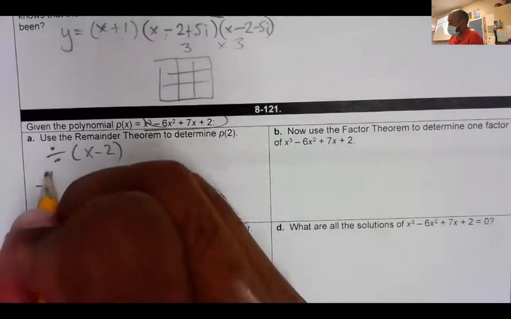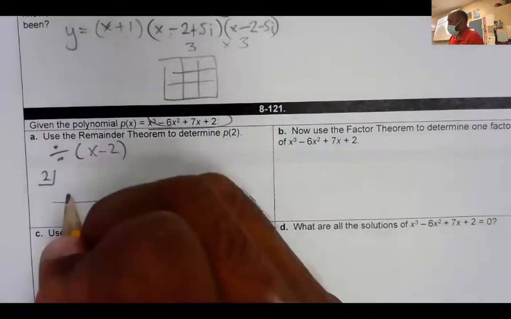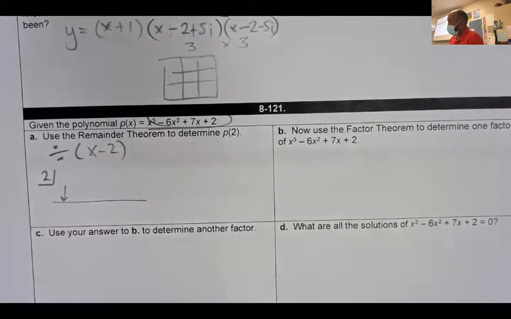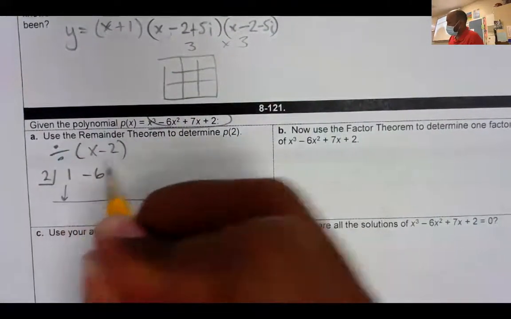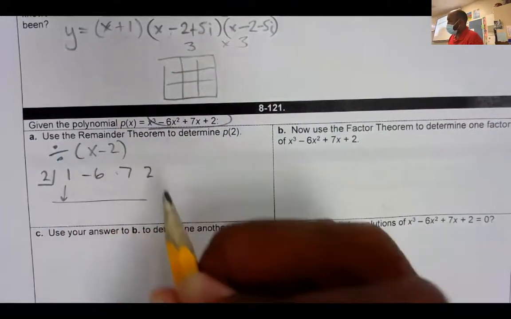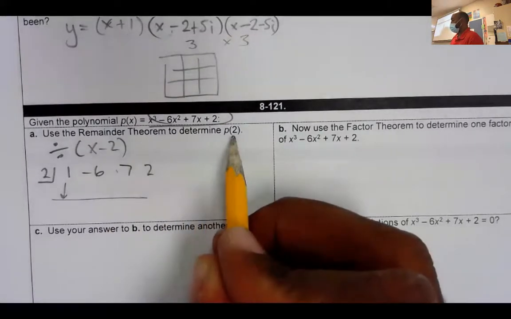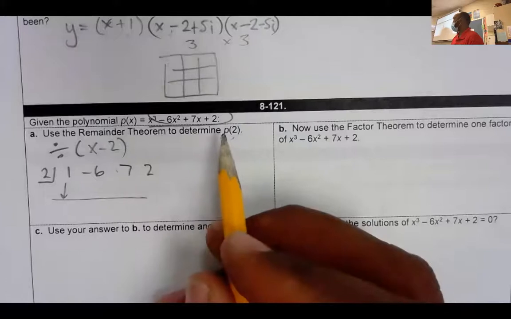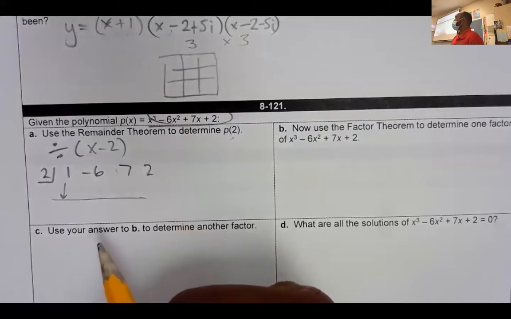So when you set up your synthetic division with 2, and then divide that polynomial, so -6. And the reason you do this is basically, instead of plugging it into the function, like when I asked you, okay, plug in the input of 2 and then figure out what the output is, this is another way of doing that. This allows you to do the same thing using synthetic division.